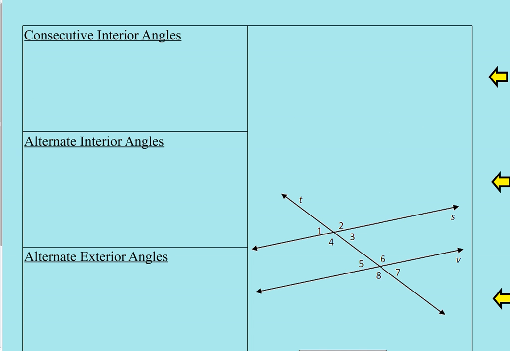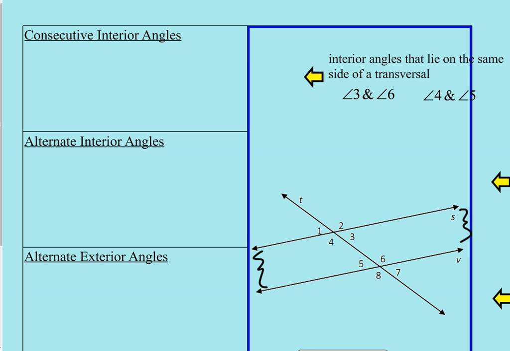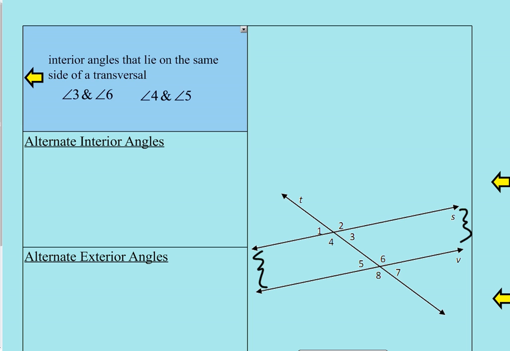So consecutive interior angles. We know interior angles means that they are on the inside of the parallel lines. What does consecutive mean? Consecutive means they are on the same side of the transversal. So consecutive interior angles means these two and these two.